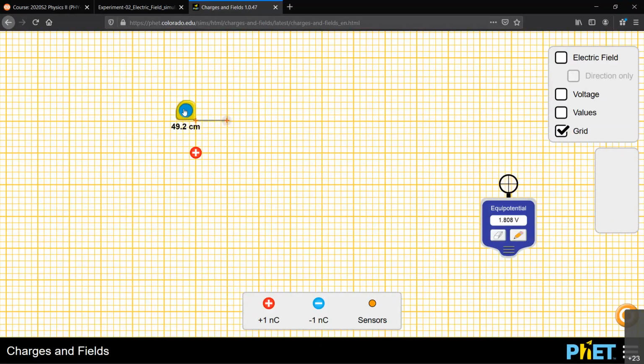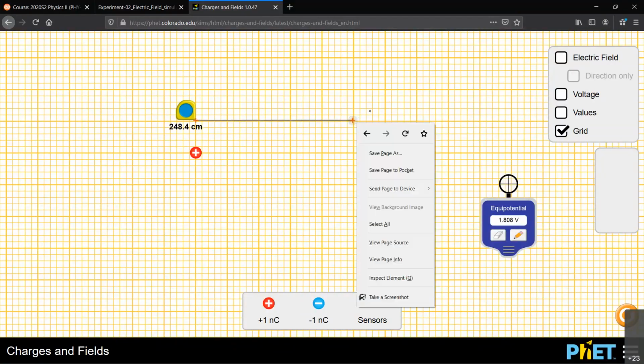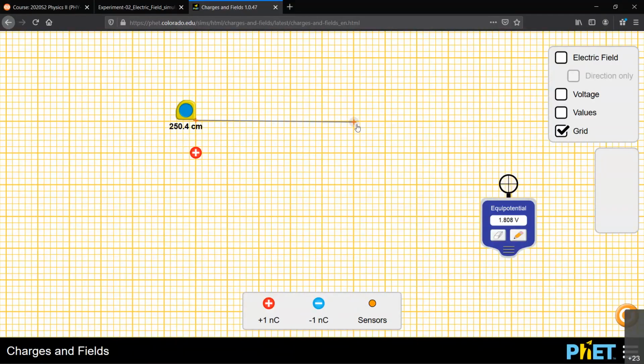That is then my 0, 0 point. As I click and drag, the separation between the charge and this vertical line right here is about 250 centimeters. It should be 250, but it's slightly off depending on the position, so that is actually error, because we know the separation between each of these large solid lines should be 50 centimeters.